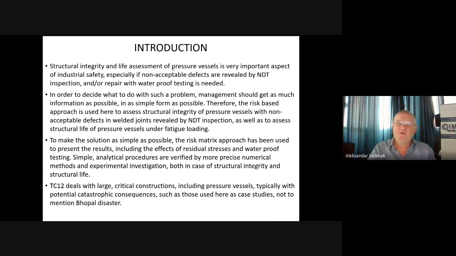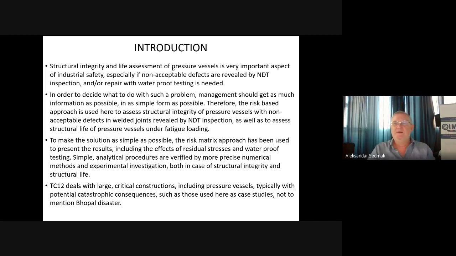What we have to consider is not only the engineering view of the problem, but also that somebody has to make a decision, and most probably this is management, the owner of the facility.